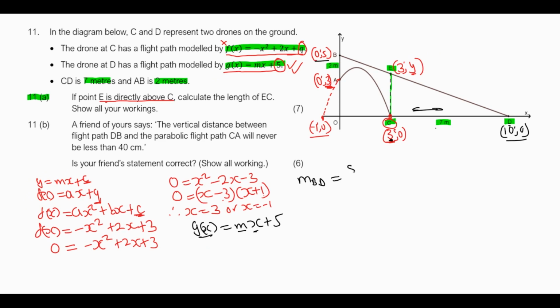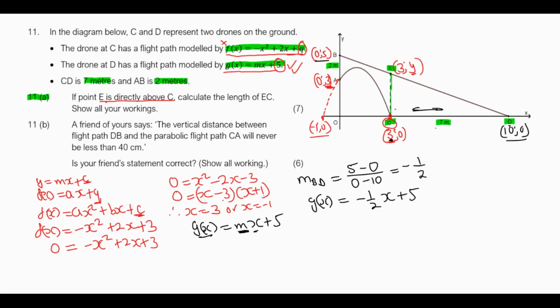It's 5 minus 0 divided by 0 minus 10, which becomes negative 1 over 2. Where there's m, we put negative 1 over 2. So g of x is equal to negative 1 over 2 x plus 5.